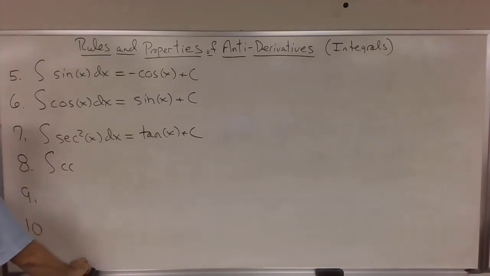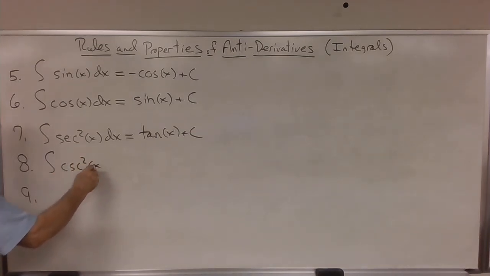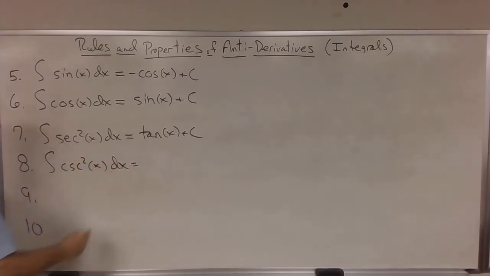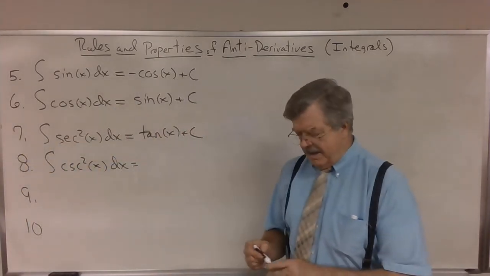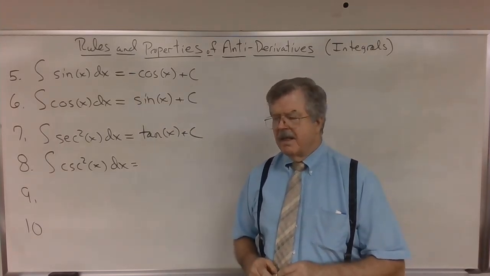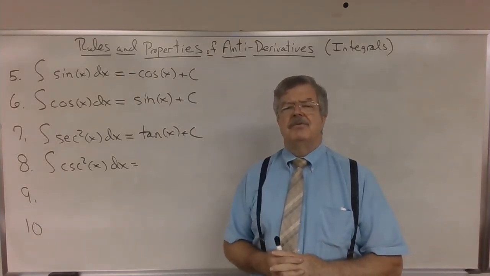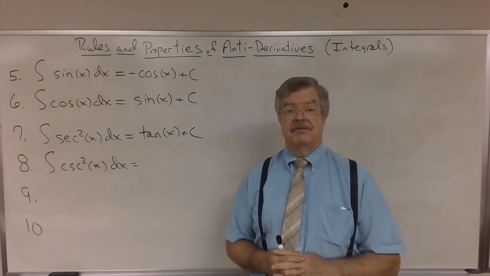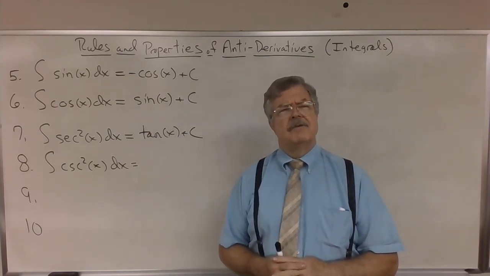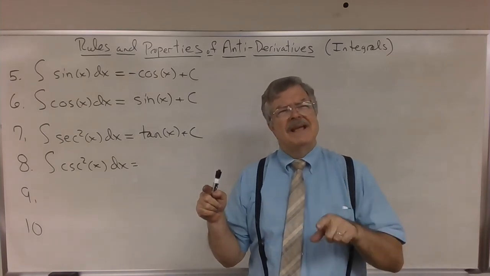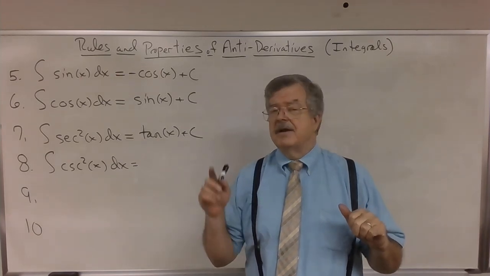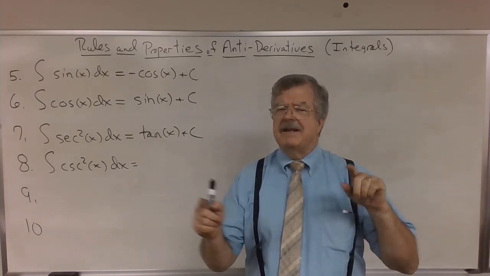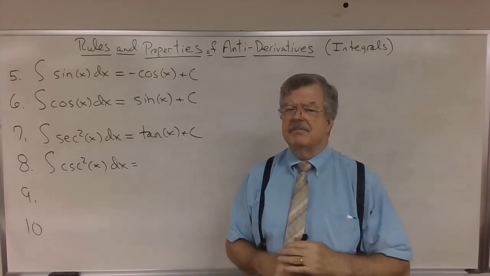Now, we'll try looking at the cosecant squared of x. And I'll ask this, what do I get when I compute the derivative of cotangent x? Well, the derivative of cotangent x is negative cosecant squared x.